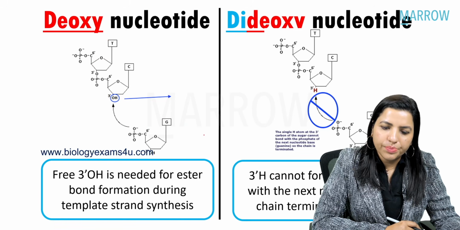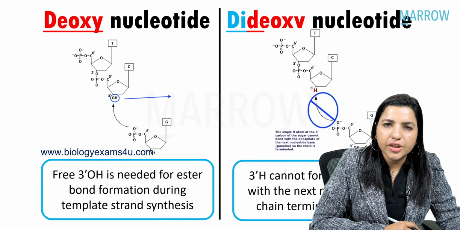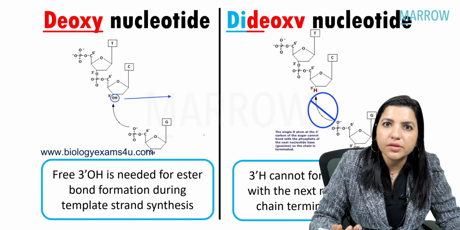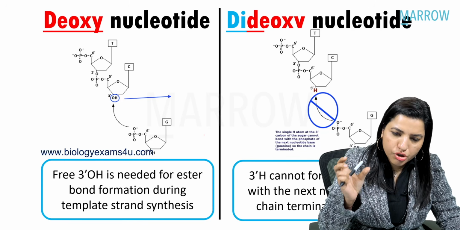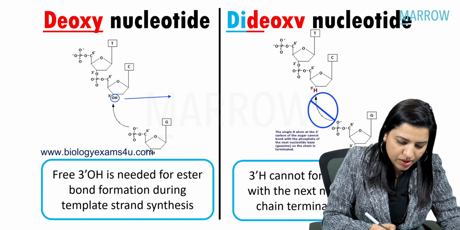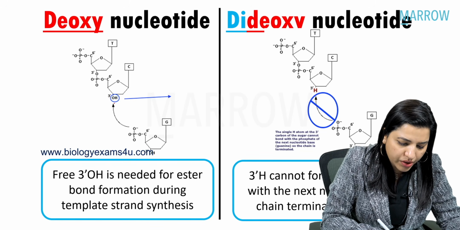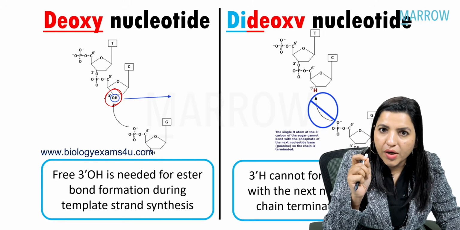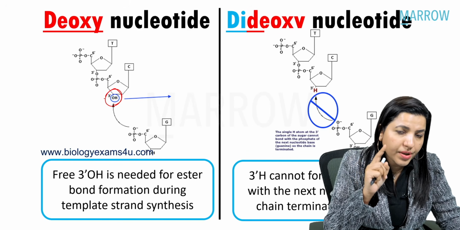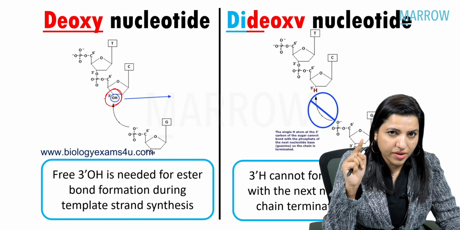First we'll see the principle of this. When a deoxynucleotide is compared to a dideoxynucleotide, what is the difference? The difference is in the ribose, in the sugar. Normally in a deoxynucleotide there is a free 3' hydroxyl group. This is required for the formation of the 3' to 5' phosphodiester bond.